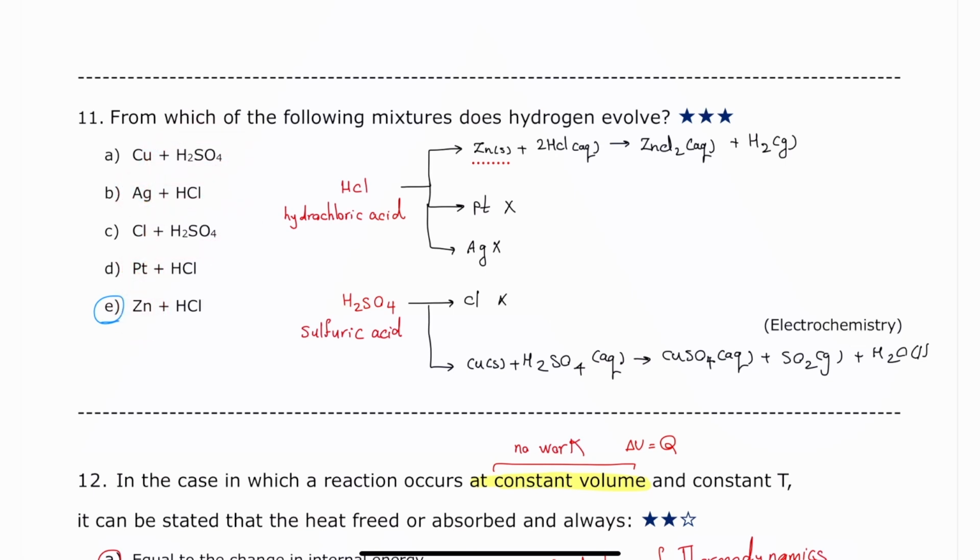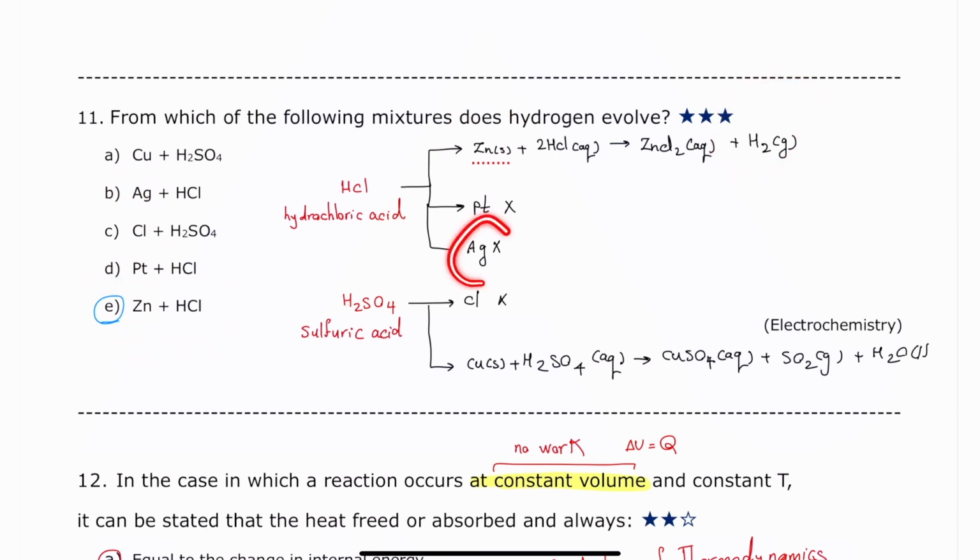So we can go by metal plus hydrochloric acid, and we know that the reaction of a metal with hydrochloric acid would evolve hydrogen. But here we have Zn, Pt, and Ag, all of them metals. So why are we choosing only Zn as the one producing hydrogen?